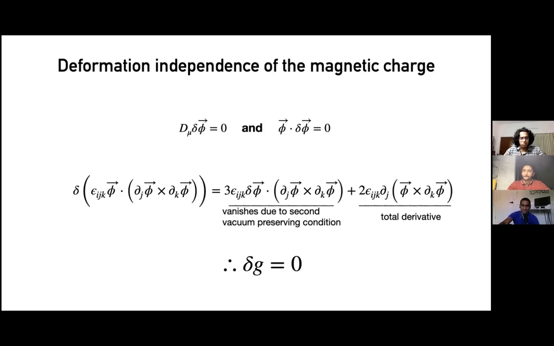What is it, Pradyut? What is deformation? Is it a variation that preserves the two vacuum conditions? Like what are the variables, like d phi, space-time variables? No, you had two conditions, d mu phi equals 0 and phi dot phi is a squared, right?